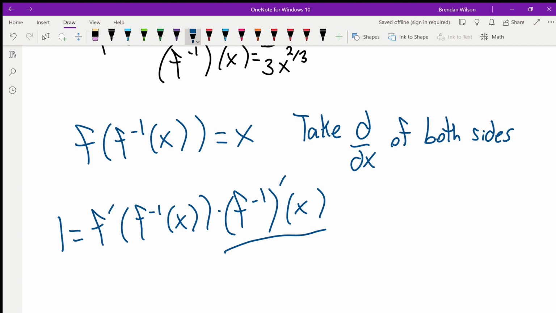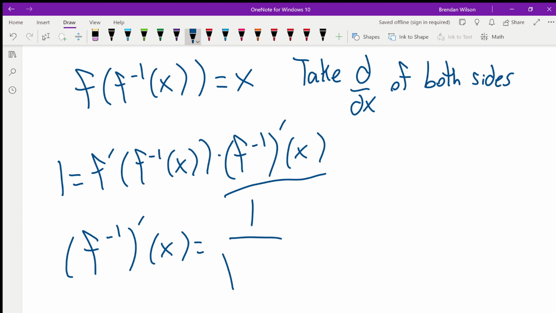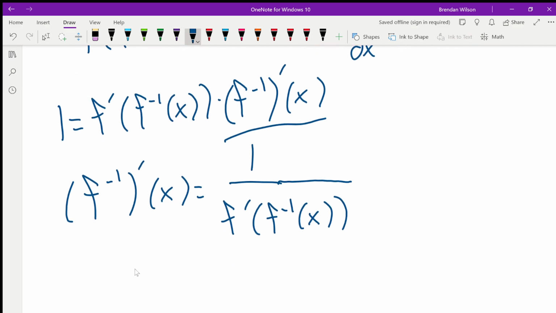So let's bring all the rest of it to the other side, divide on both sides, and we're going to get f inverse prime of x equals 1 over f prime of f inverse of x. Okay. So this is our formula for the derivative of the inverse function.